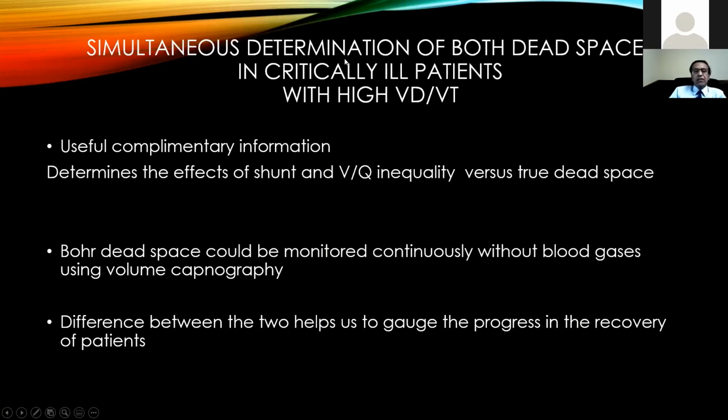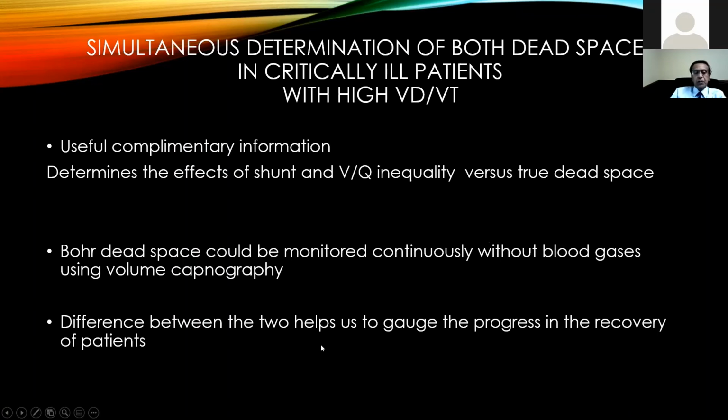So what are the advantages of simultaneously determining both dead spaces in critically ill patients with high VD by VT? It's useful complementary information. It determines the effect of shunt and VQ inequality versus true dead space in a critically ill patient. Bohr's dead space could be monitored continuously without blood gases using volume capnography.